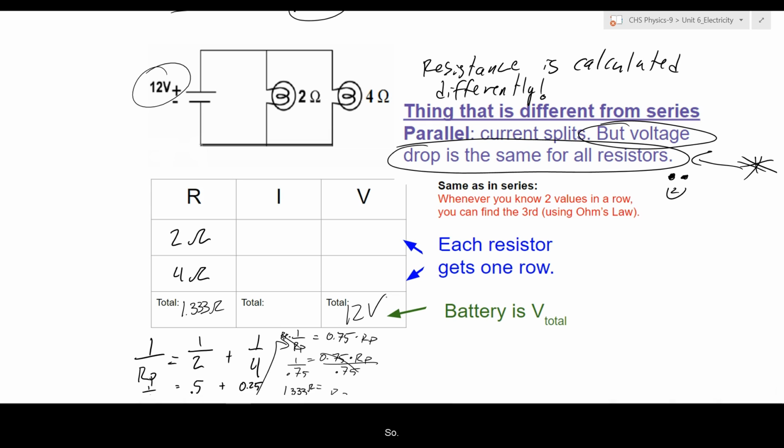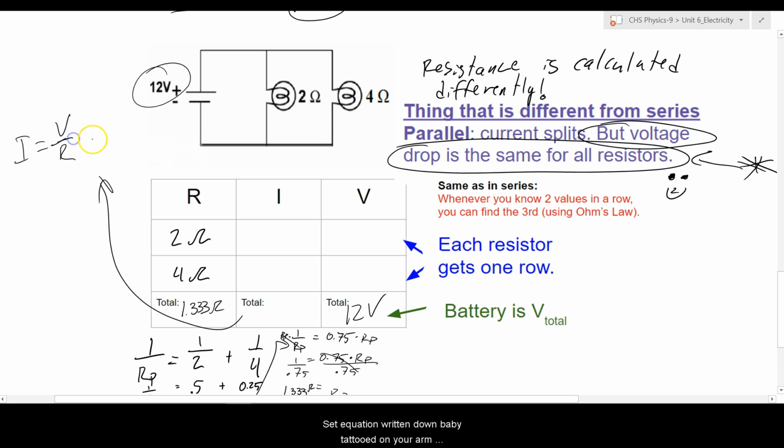So here we go. The total current then we'd find with Ohm's law. In order to find this, I equals V over R. You should have that equation written down, maybe tattooed on your arm, but for sure on your reference sheet.